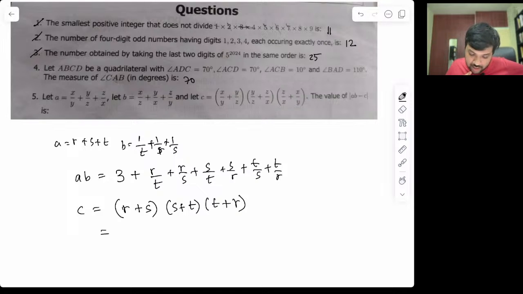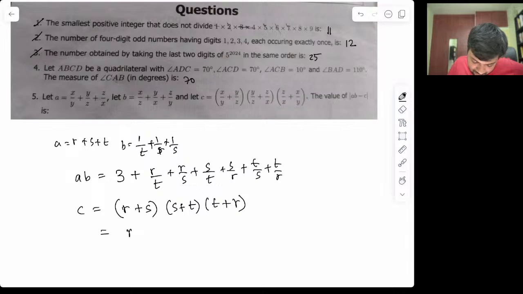AB minus C. What do you get? RST is 1. Should we do R plus S plus T minus R into R plus S plus T minus S or something like that? Would that be faster? Did you guys really multiply it out? It's boring to multiply it, or was there some nicer way to do this?